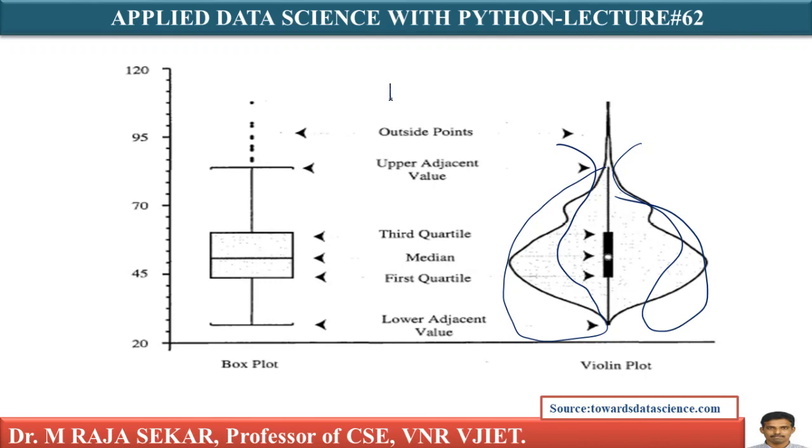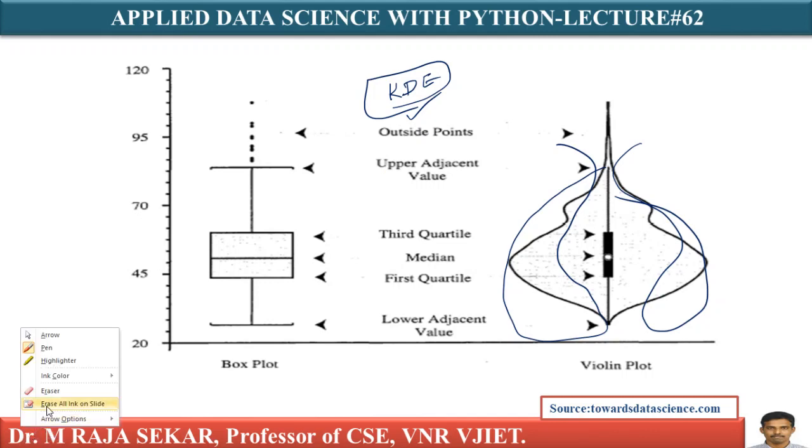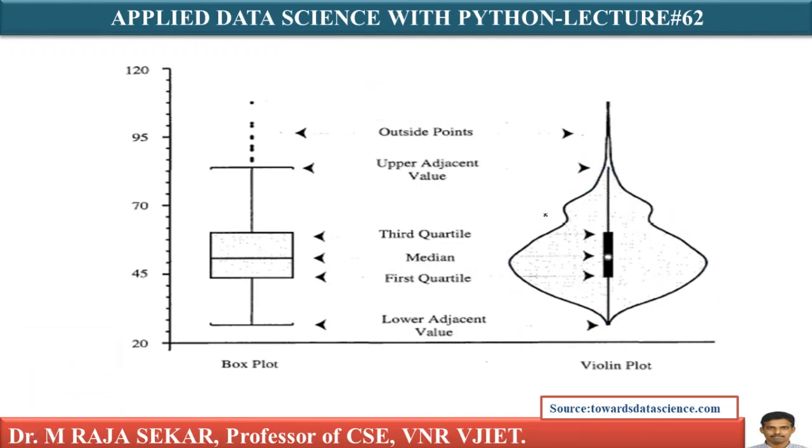There is something called KDE, kernel density estimate or kernel density plot. In future classes, I will record one separate lecture on it. This curve is the kernel density plot or kernel density estimate.